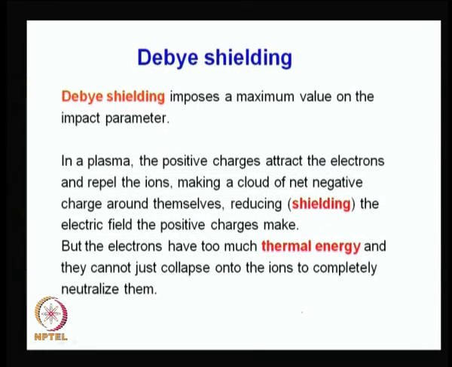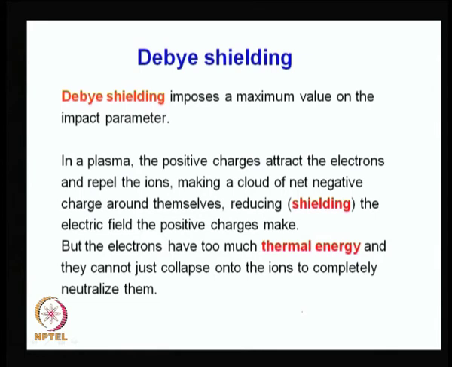Now, there is something which we need to discuss here, which is Debye shielding, which you have studied earlier in these lectures. Debye shielding imposes a maximum value on the impact parameter. As you know, in a plasma, the positive charges attract the electrons and repel the ions, and so a net negative charge accumulates around the positive charges, thus reducing or shielding the electric field due to the positive charges. On the other hand, electrons also have thermal energy, so they cannot just collapse onto the ions.